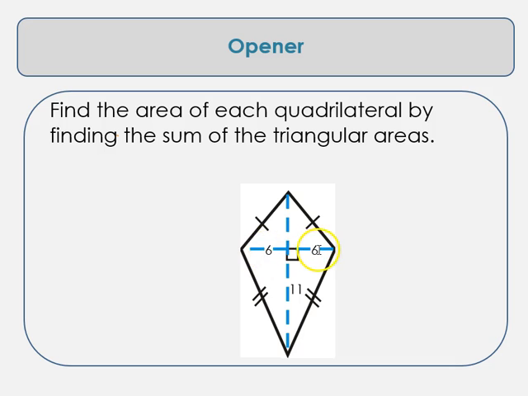So we have a crossbar here with a total of 12, so 2 sides of 6, and in this triangle you can see that there's a base of 6 and a height of 11. Here we have a base of 6 and a height of 11.